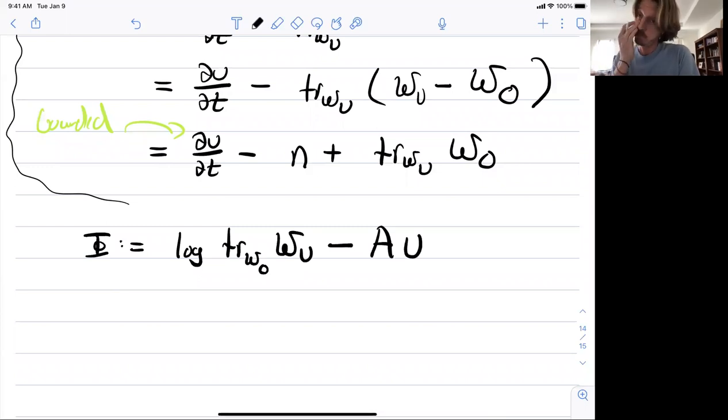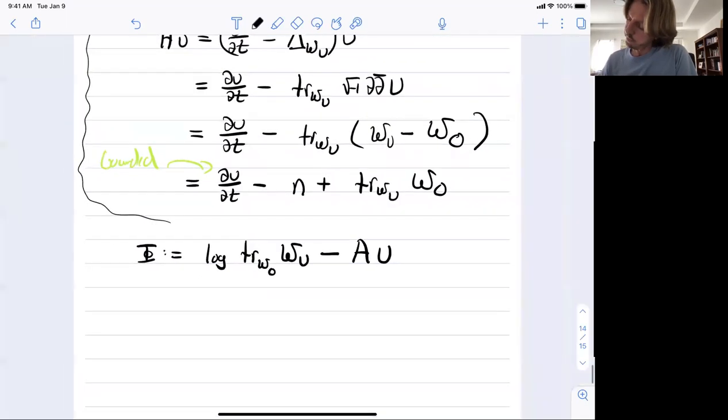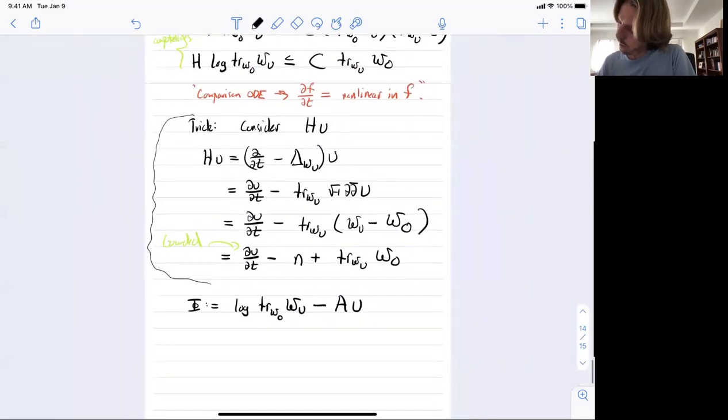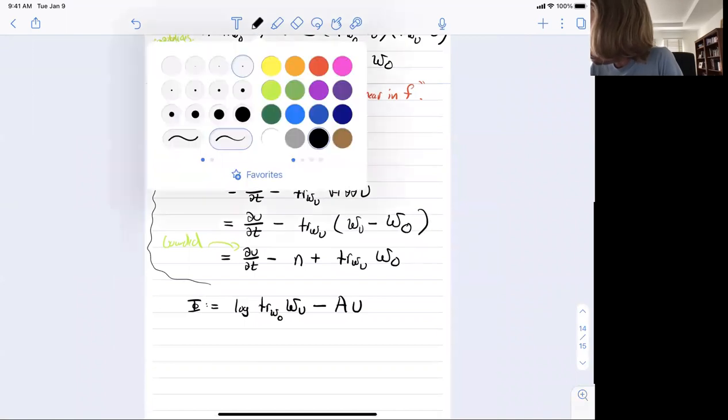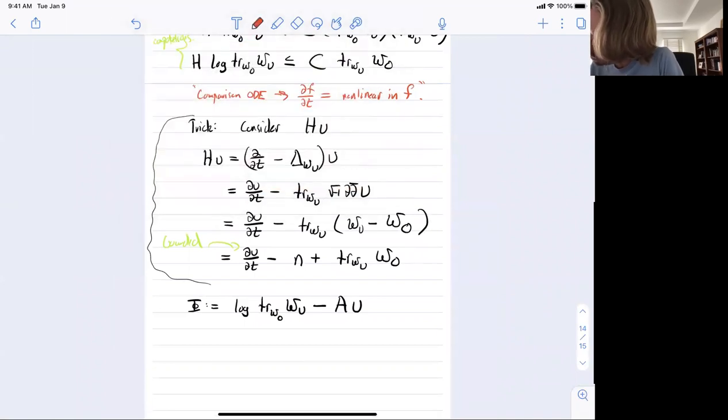Okay. And then all I have to do is put together, so this is like star 2, this is star 3.